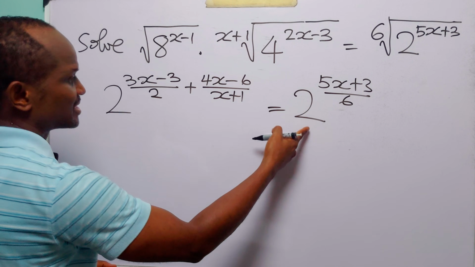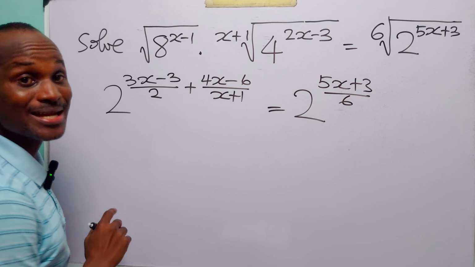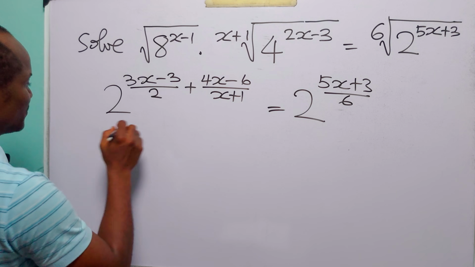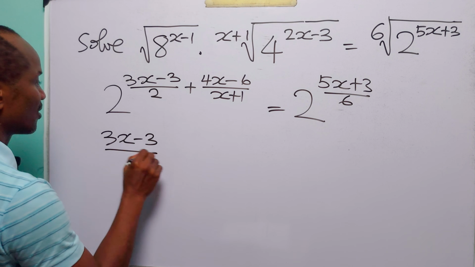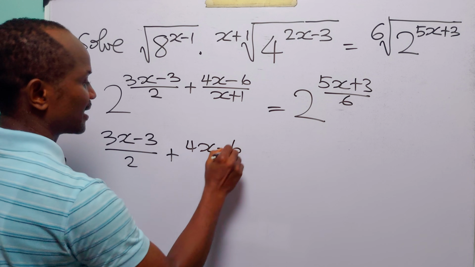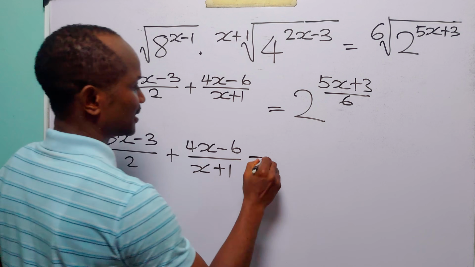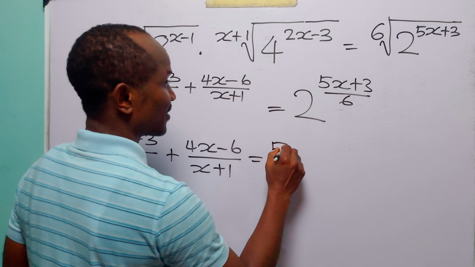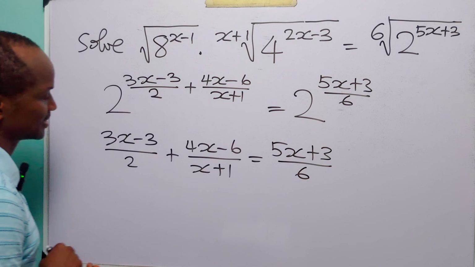And now that we have the same base on both sides of the equation, we can go ahead and equate the exponents. When we do that, we have that (3x minus 3) over 2 plus (4x minus 6) over (x plus 1) is equal to (5x plus 3) over 6.